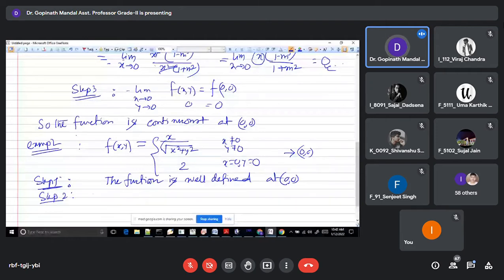So the limit as (x,y) tends to (0,0) of f(x,y): put y equal to mx.